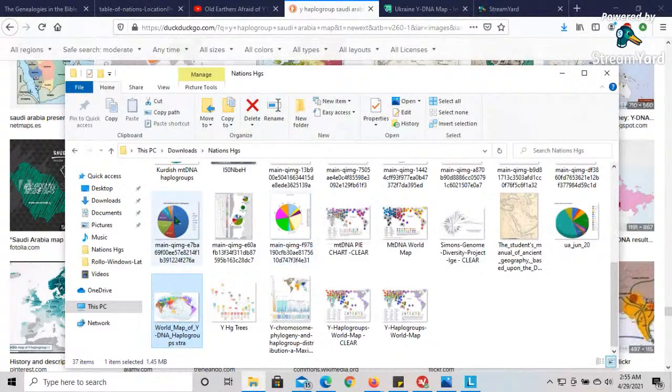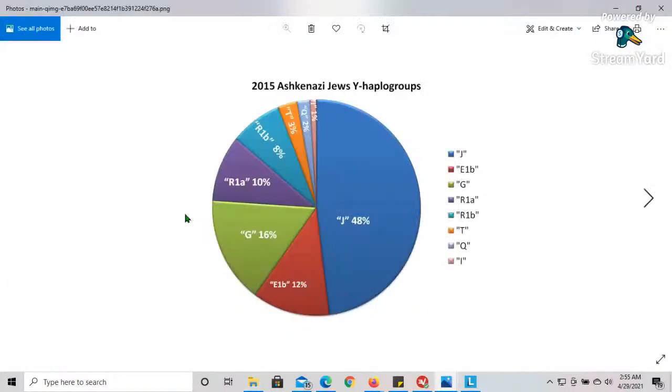So if we look at a population, let's see what this is, Ashkenazi Jews. Okay, in case somebody thinks I'm making up stories, here's the T Y chromosome right here. The G Y chromosome is here. The E1B1 Y chromosome is here.